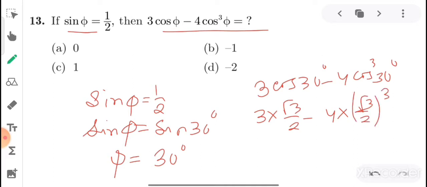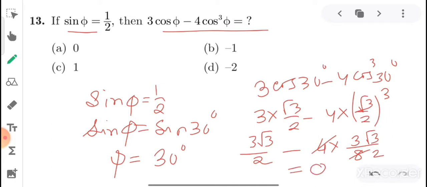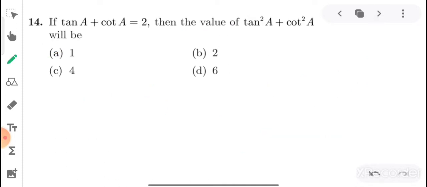Then it will give 3 root 3 by 2 minus 4 into 3 root 3 by 8, and that will give 3 root 3 by 2. 3 root 3 by 2 minus 3 root 3 by 2 will be 0, and its value will be 0. Okay, then move to the next question.